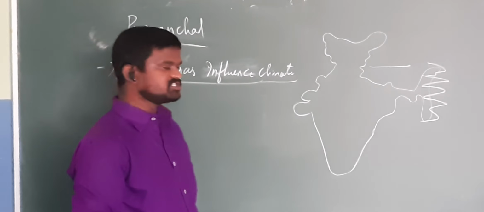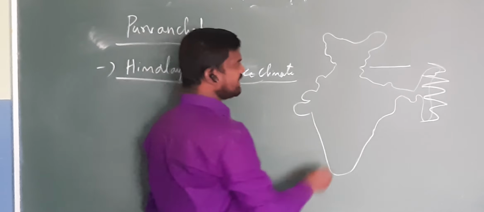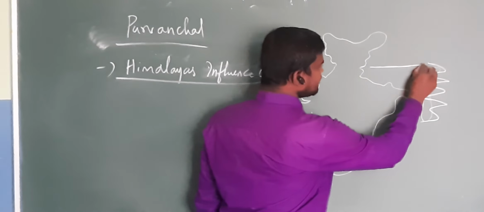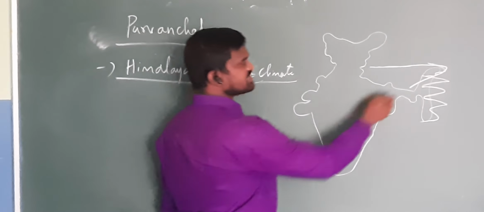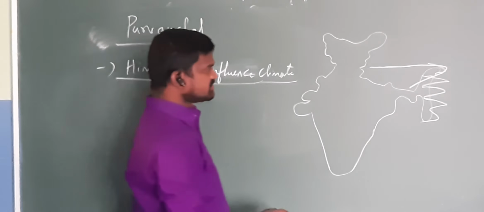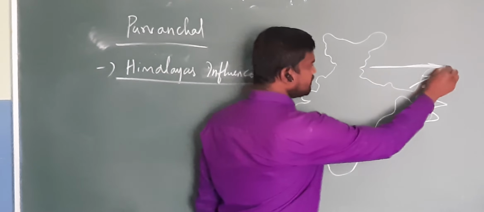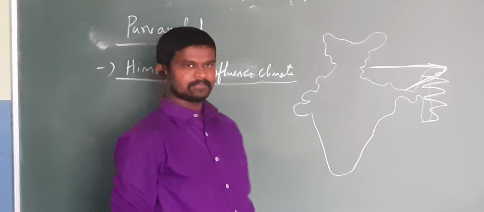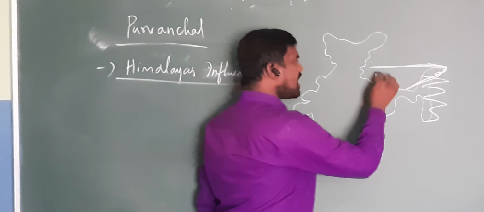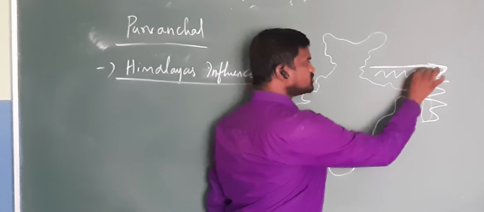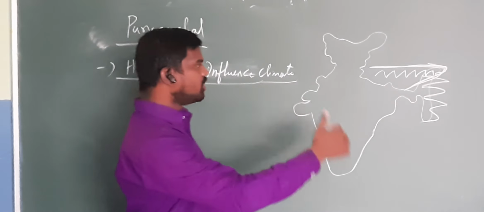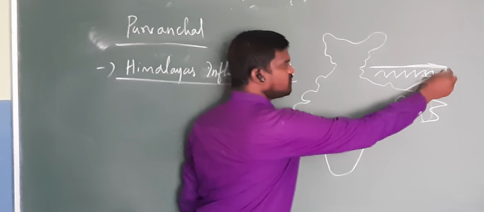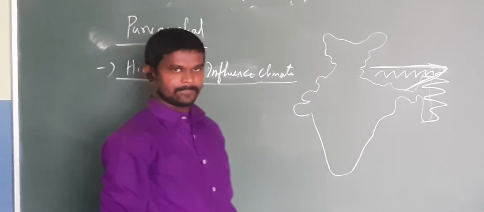The Brahmaputra river is flowing on the eastern side of our country. The Himalayas also continue along the flow of the Brahmaputra river.